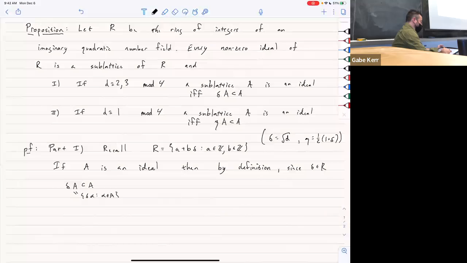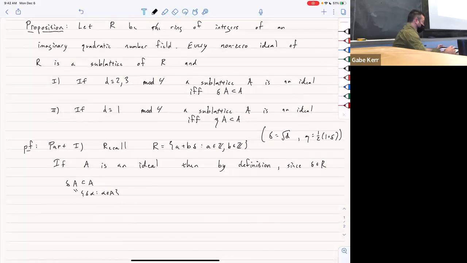Now let's suppose it is an ideal. All right, let's suppose it satisfies this property and go the other way. Firstly, we want to do the case for 2. We want to show it's an ideal. Well, it's a lattice, so it's a group under addition. That's part of the definition of our lattice, so I don't have to worry about the group property.